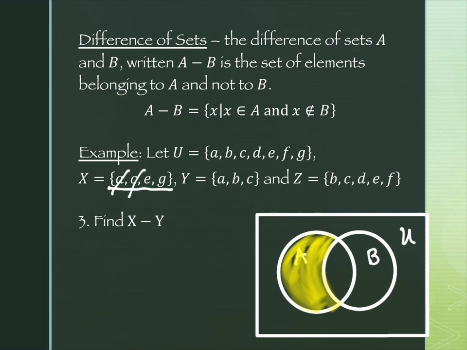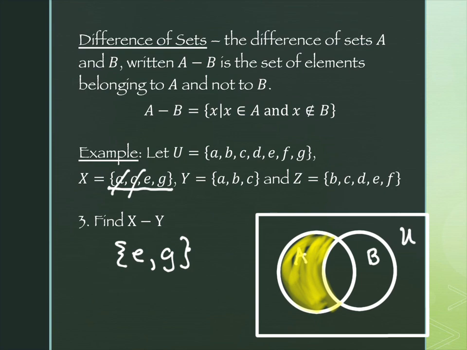A and C, right? So this set down here is E, G. Notice it doesn't acquire anything that Y had that it didn't. It's just an elimination of things that they have in common. And you eliminate based on the first set. So if it says X eliminate Y, that's going to be different than Y eliminate X, right? Your starting set is different.